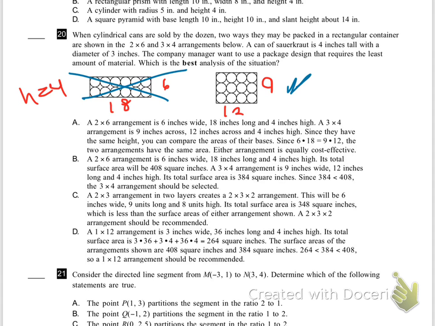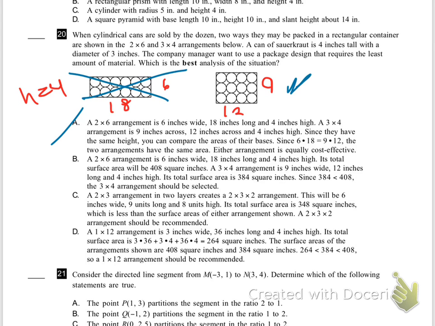Then if we look at option A, we can see that that one's not going to be the case because they're not going to have the same surface area. So we can eliminate option A. If you look at option B, you can see that that reflects the reality of the situation.